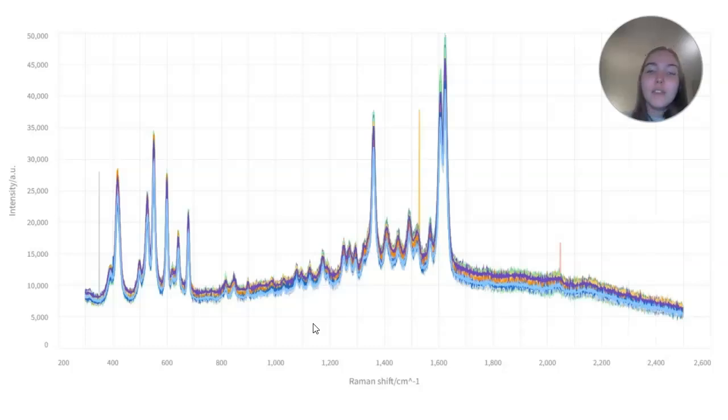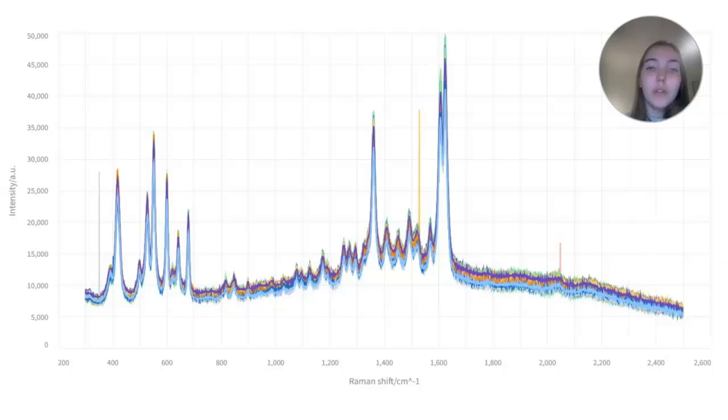Okay, so this, as we talked about earlier, we took 41 different spectra in 41 different positions over the substrate for each of 6 concentrations. So all these spectra are from different positions on a substrate with a concentration of PCN of 6.67 times 10 to the negative 2 milligrams per milliliter.